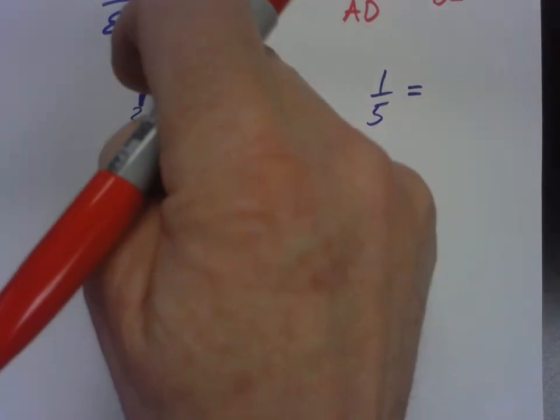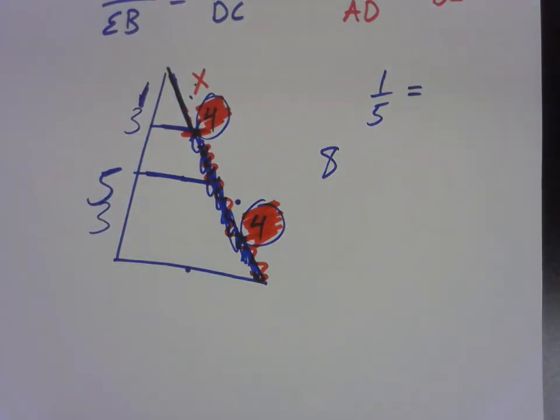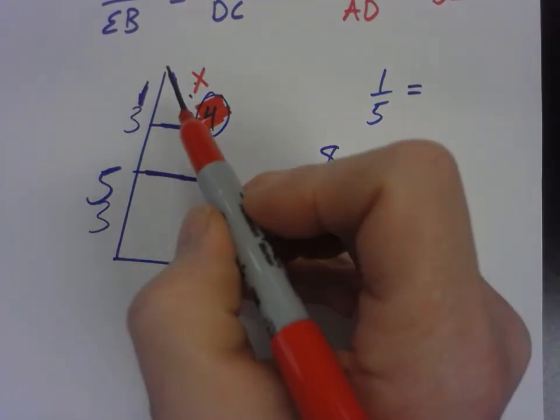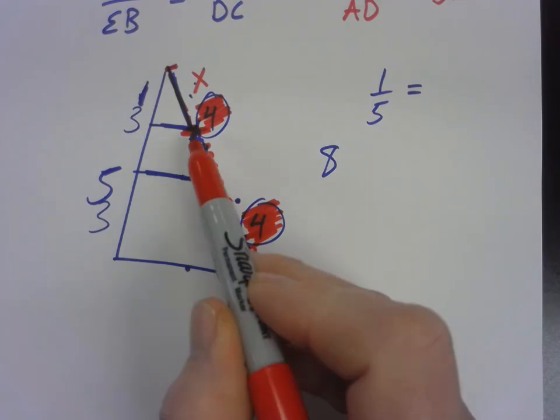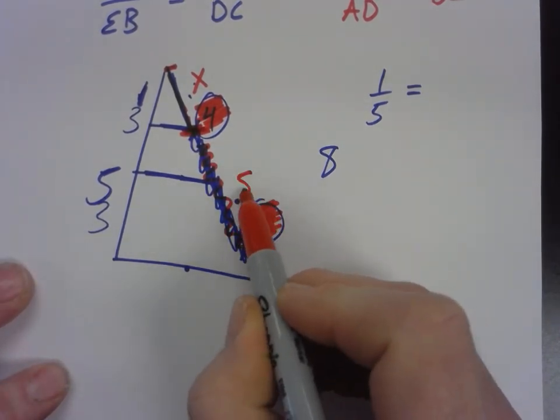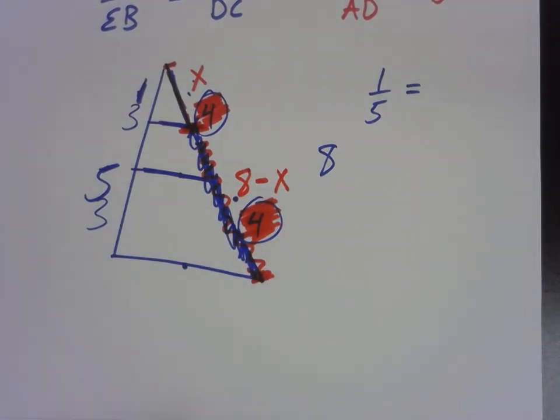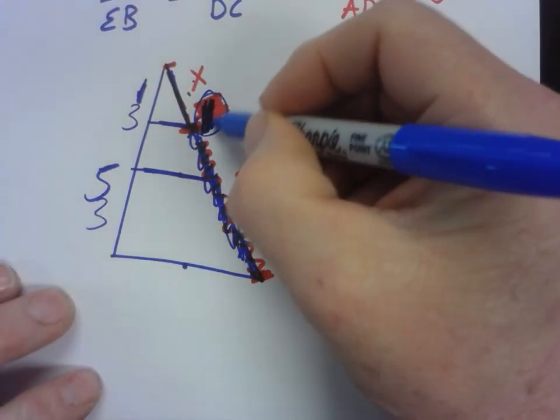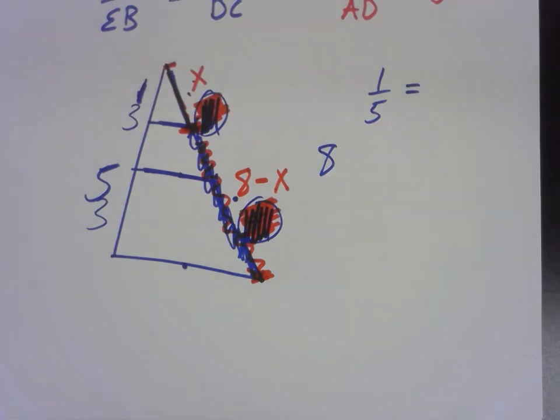But what's the length of the whole thing? 8. And this bit's X. So how long's this piece? It's got to be 8 minus X. This is a big-time trick for mathematicians.